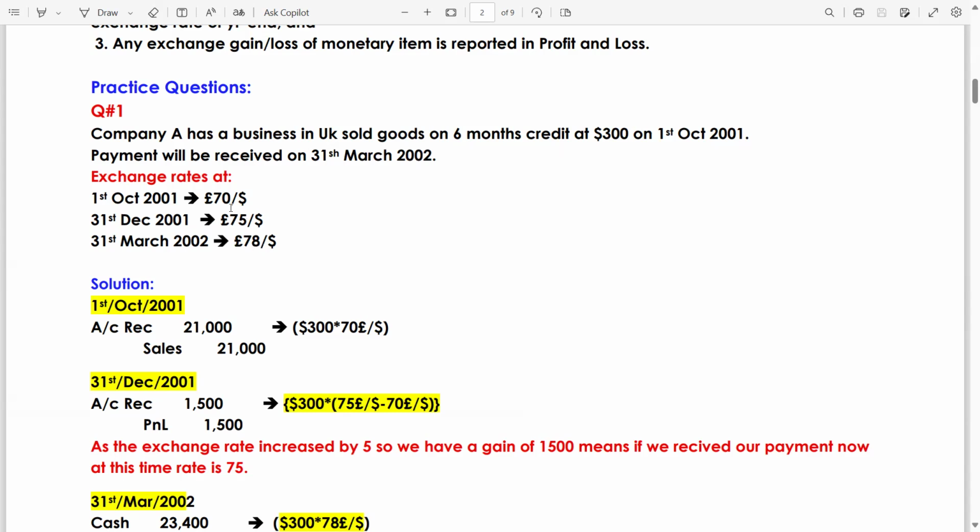If you can see, the exchange rates are increasing. So there is a possibility that we can receive more cash. If we receive now, we will get the cash based on the 70 rate. If on 31st December, then 75. If on March, then 78.